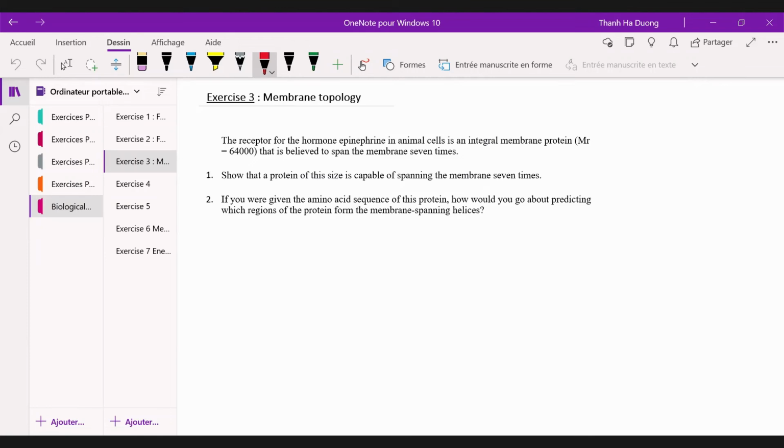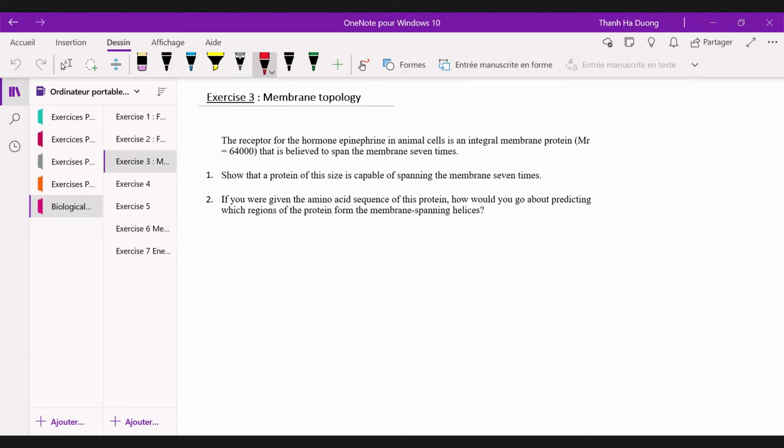Is that because the protein combines 7 alpha chains? Yes, but you have to look at the number of amino acids, the molecular mass of the protein, corresponding to 7 helices indeed.